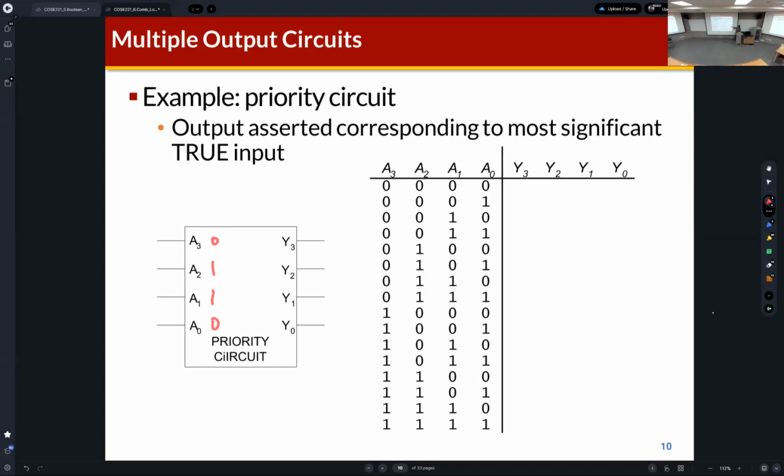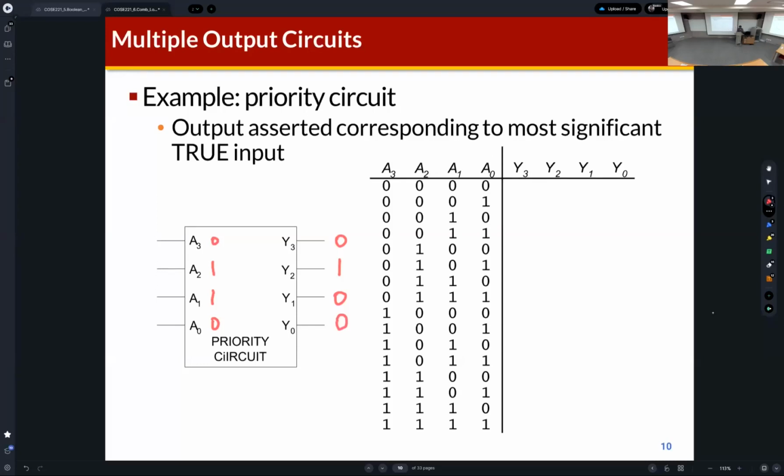In this figure, from the top to the bottom, the first one is this one, right? So Y2 becomes 1, and the rest are 0, 0, 0. Because this output represents the location of the first one.